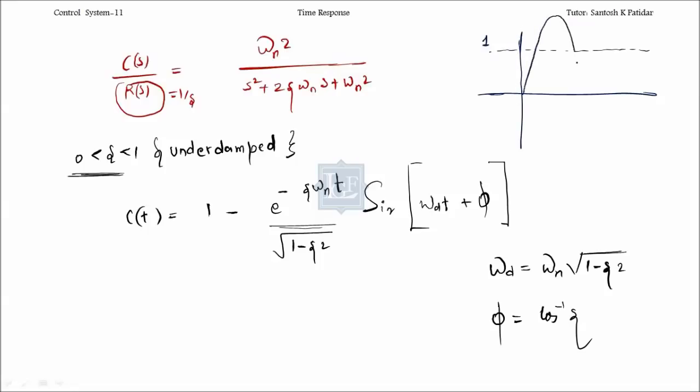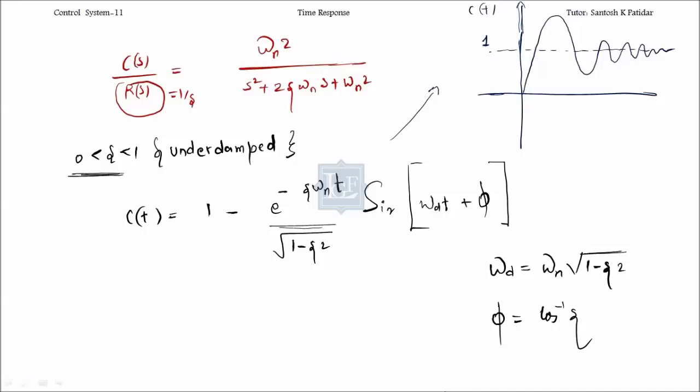Over here your system is going to start, it's going to oscillate, and as time passes, your oscillation will die out. So this will be the response of the system. This is your c(t), whatever we got over here, this is nothing but my response. Correct?